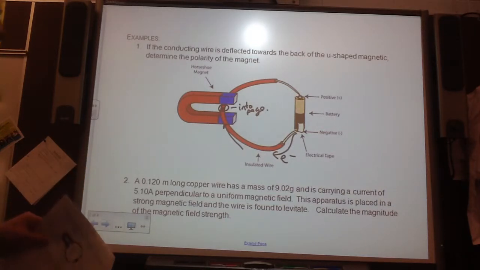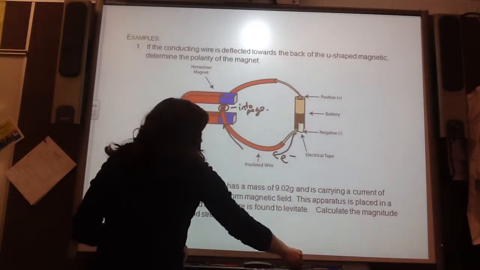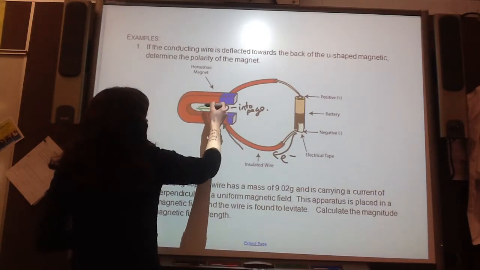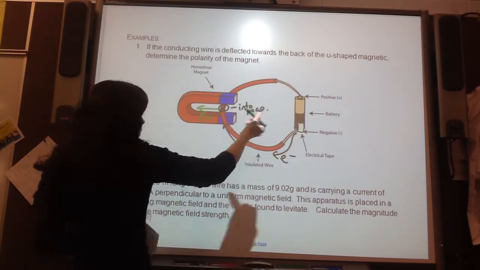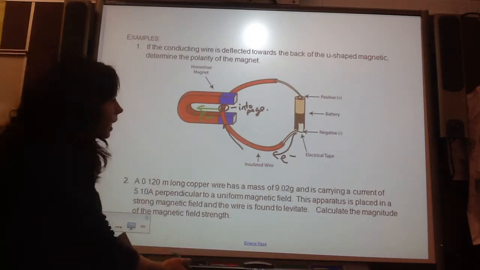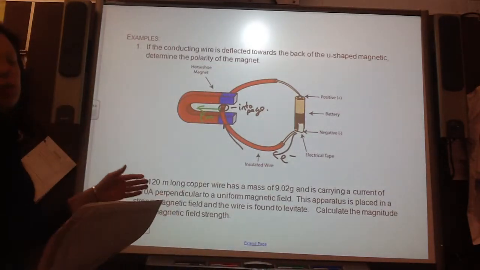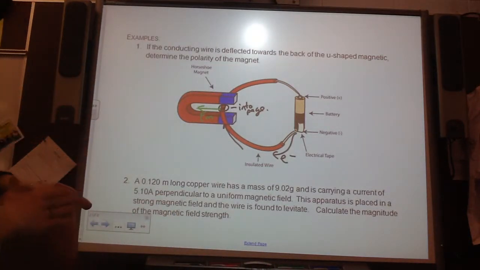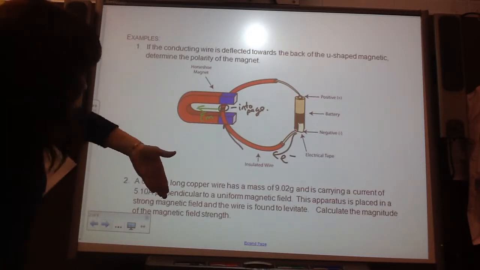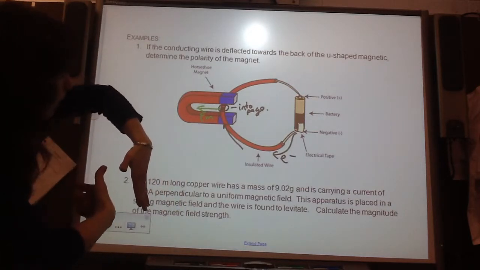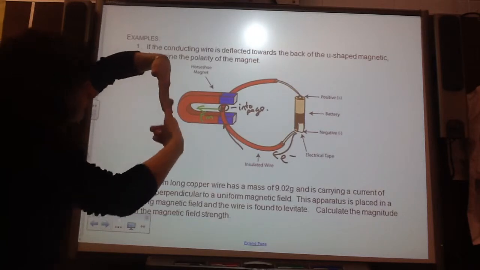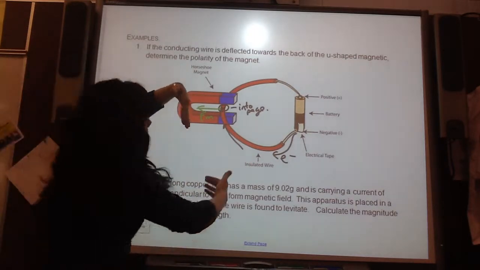And then it tells us that it's being forced to go this direction. Okay? So it's getting forced to go to the back of the magnet. So use your left hand. So if our electrons are going into the page and it's being forced this way, okay, then my magnetic field runs up and down like this. Okay?